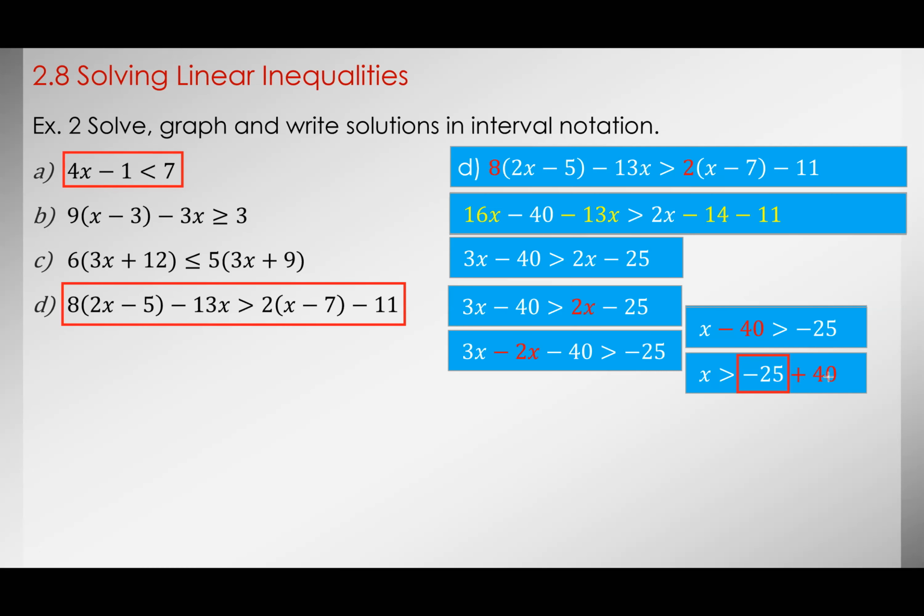Same side we add, opposite side we subtract, and keep the sign of the larger number. In this case, x is greater than 15. 40 minus 25 gives me 15, and I don't need to do anything else because my x is by itself. So, any questions on how to solve this item?